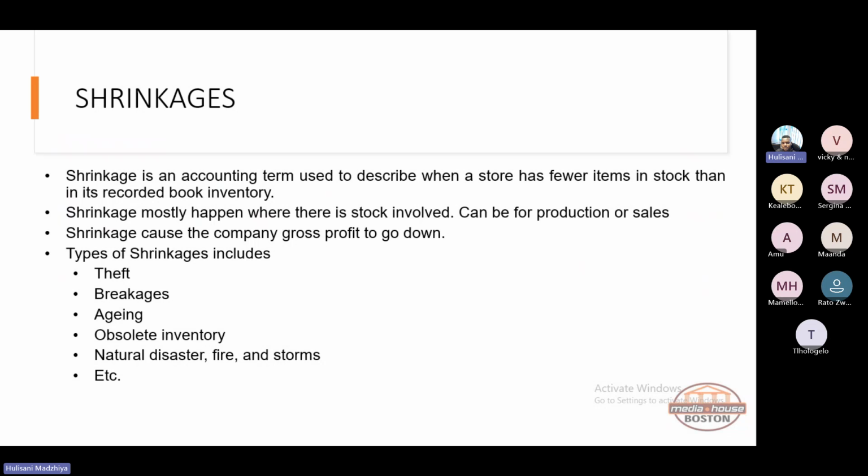Shrinkage in accounting is a term used where there is inventory involved. Within our analysis of the income statement, we talked about one of the line items, which is the cost of sales. Cost of sales can be generated when inventory is sold.